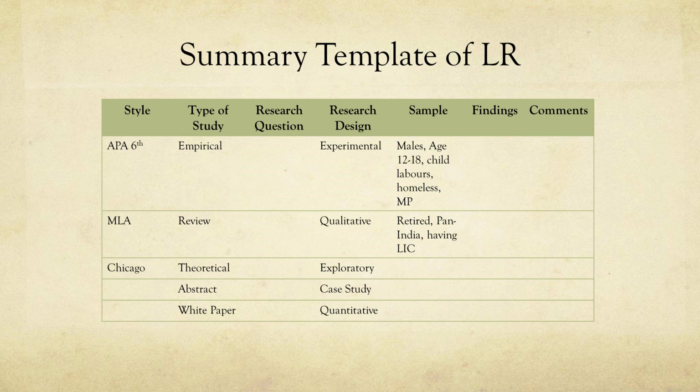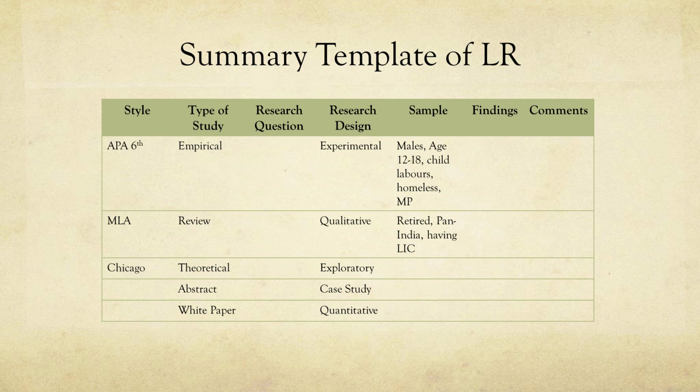So for example, in the first row I can take an example of any research paper. Maybe it was written in APA 6 style. It was empirical in nature, which means the data was collected, it was in number, maybe questionnaires were used. Supposing the research question was they wanted to evaluate whether the child labourers who are in Madhya Pradesh are increasing in number with each year.